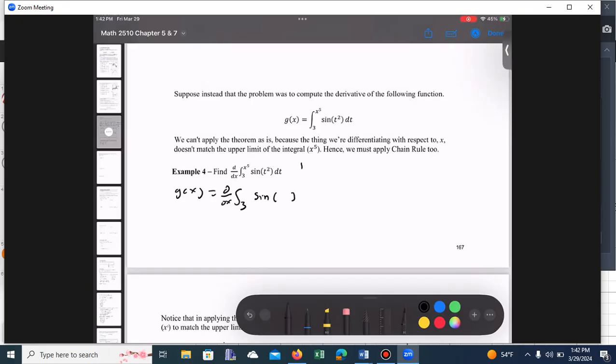We're going to let u equal x to the 5th, then du equals 5x to the fourth. Okay, that's just differentiating.